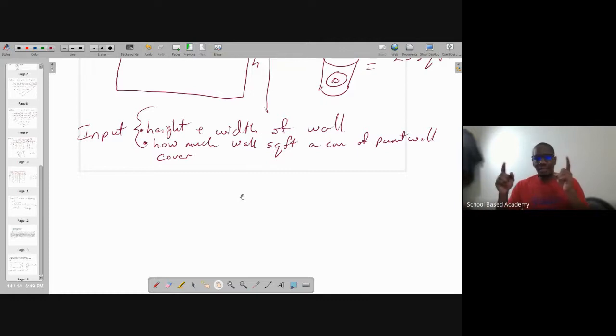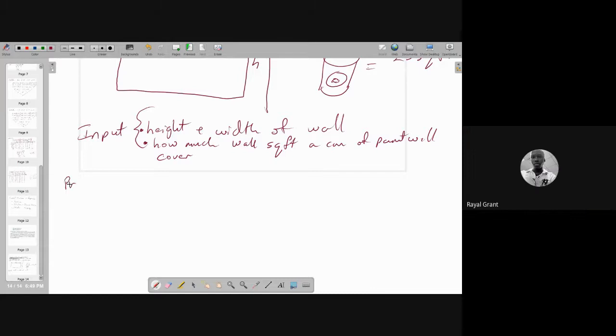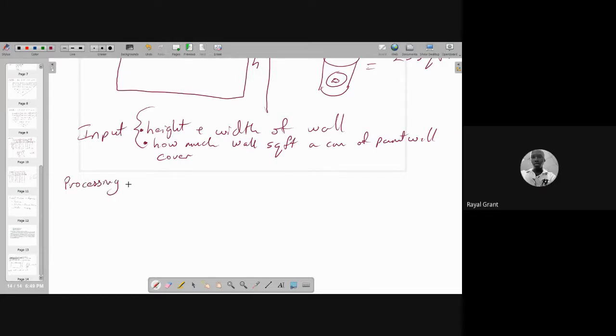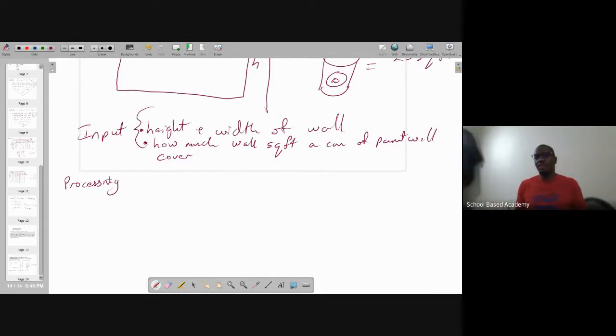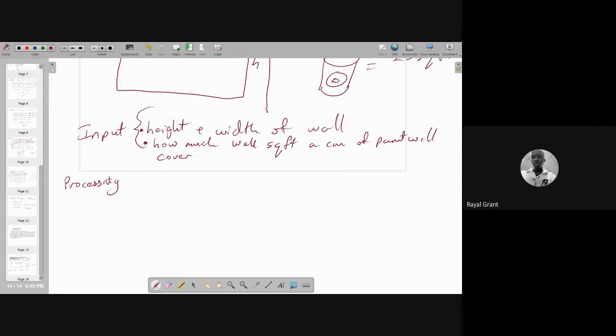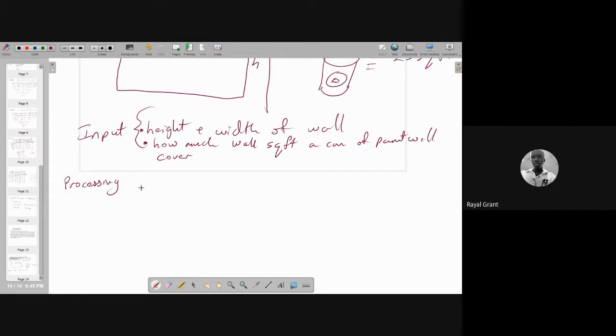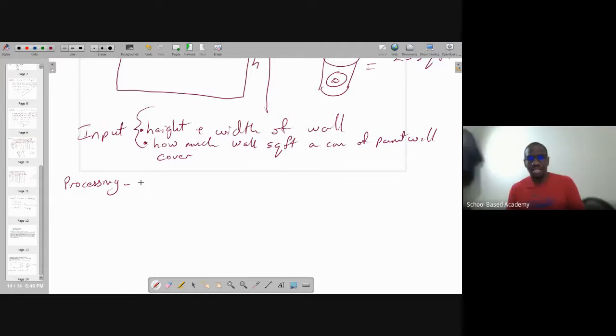What kind of processing does our program have to do? Division. Huh? Division. Not just yet. Before we do the division, we have to process multiplication. Right, but multiplication to find what? The area of the wall. Right. So we have to find the area of the wall, and that is processing because it is multiplication.